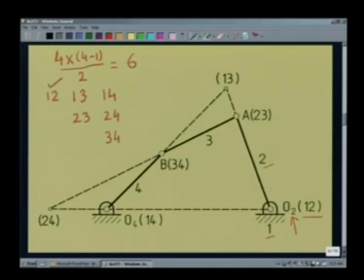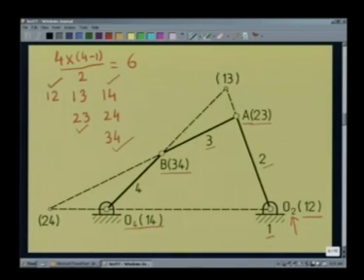Similarly, 2, 3 is at A, because of the same reason that links 2 and 3 are connected by a revolute pair at A. So A gives us the location of 2, 3. Following the same argument, we get 3, 4 at B and 1, 4 at O4.